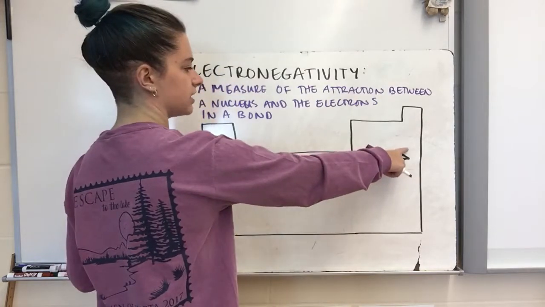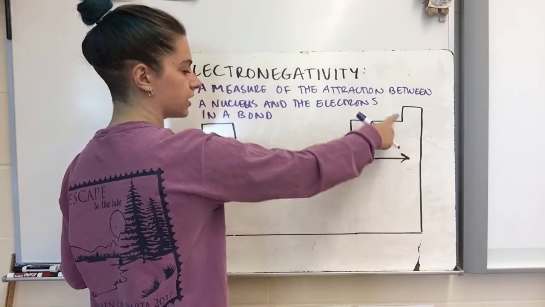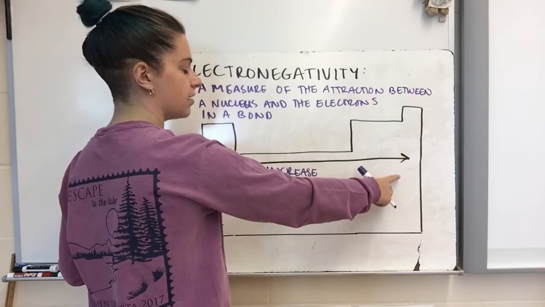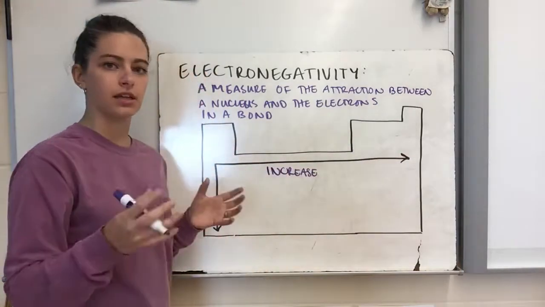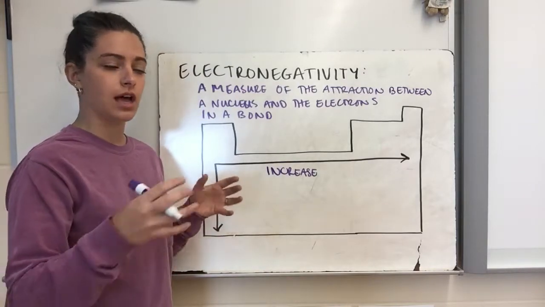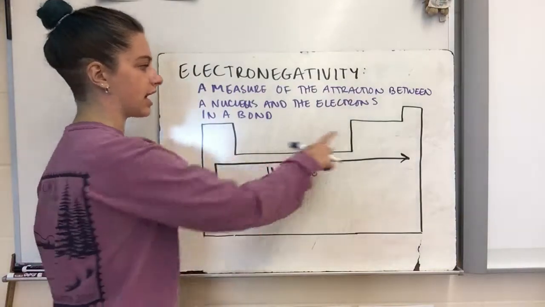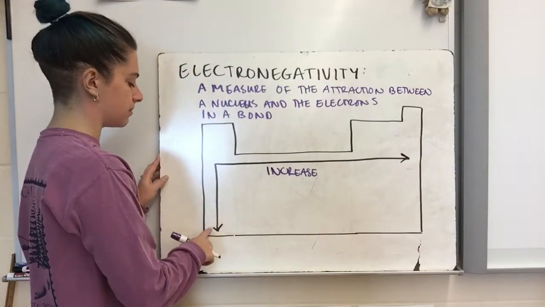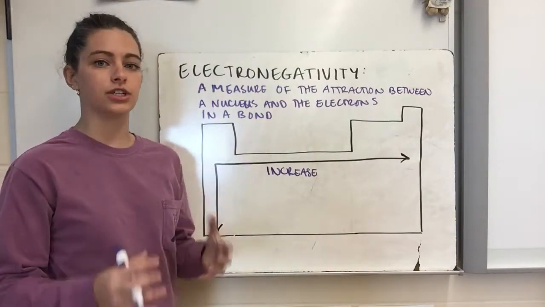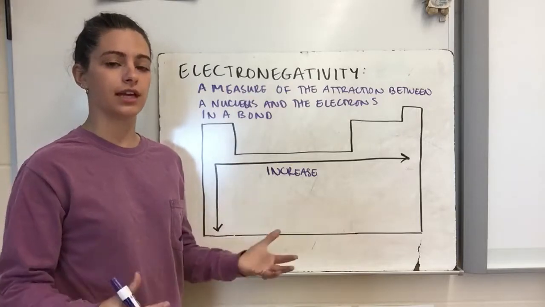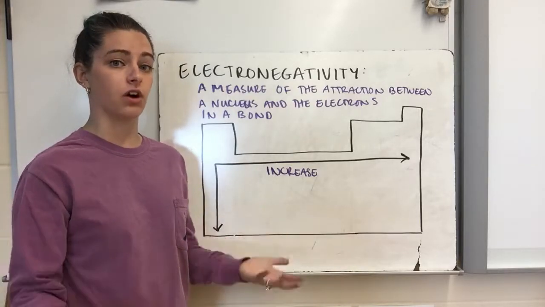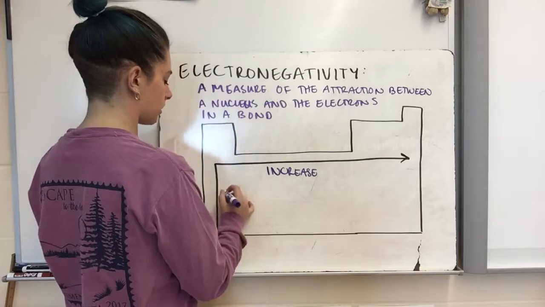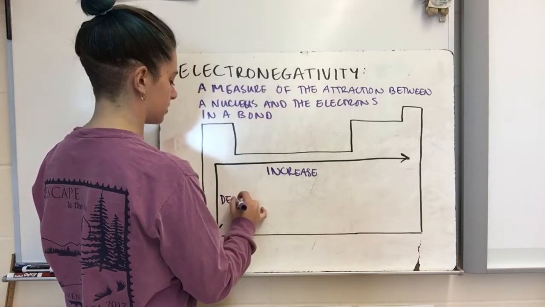Because as we get over to this side, these nuclei have lots of protons, but they don't have as many energy levels out from the nucleus. So these guys have the highest electronegativity. And then as we move from top to bottom, because we're adding energy levels to the outside and those electrons that are going to be involved in bonding are farther away from the nucleus, our electronegativity is going to decrease.